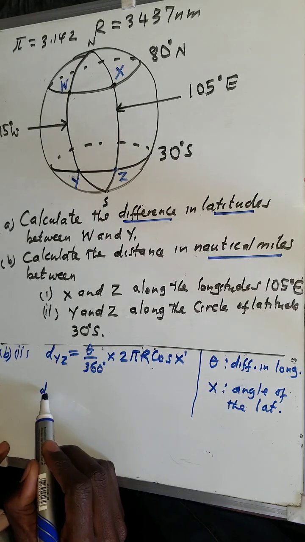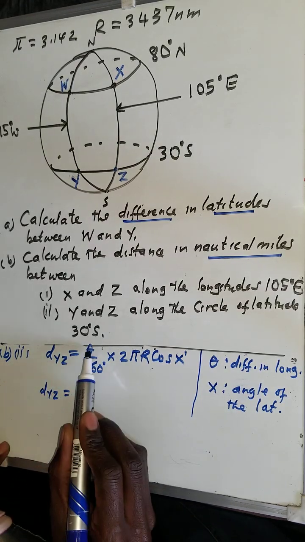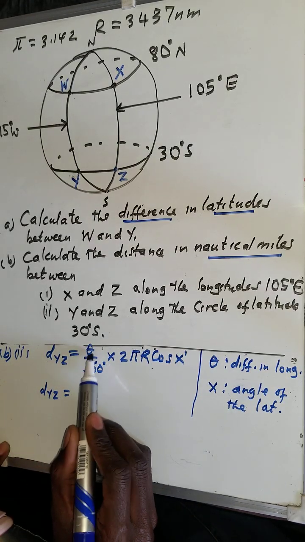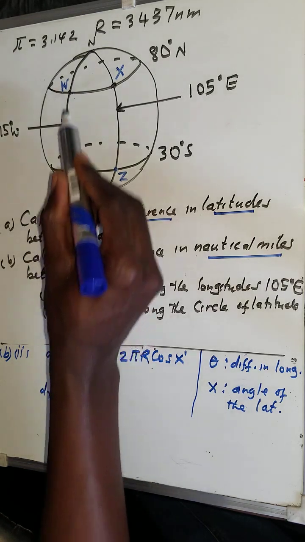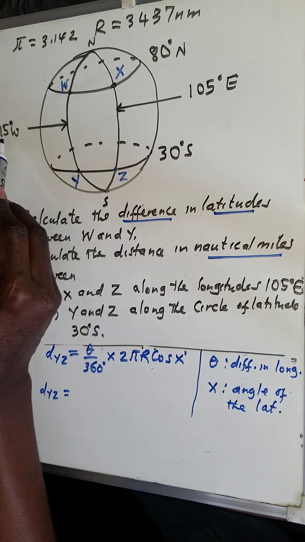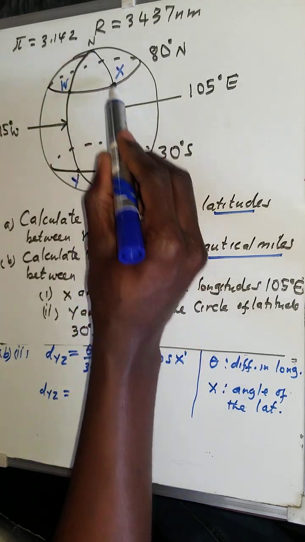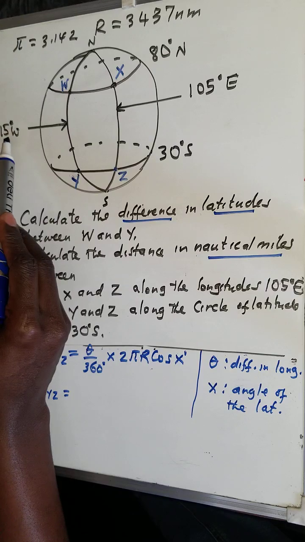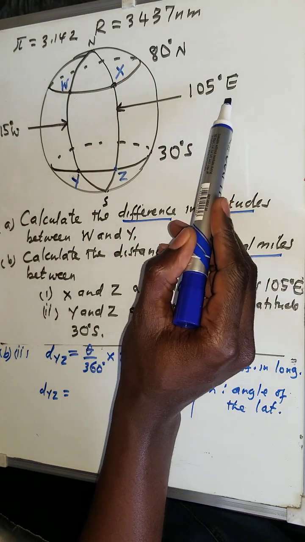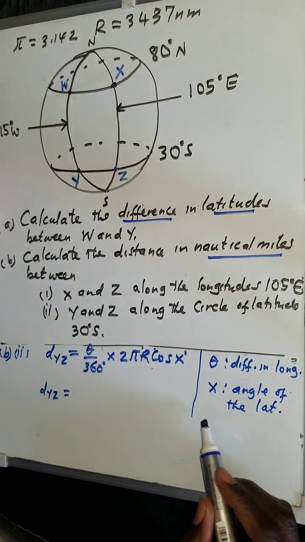So if you look at the distance yz, it will be equal to what is the difference in longitude. So if you remember, y is on the longitude 15 degrees west and z is on the longitude 105 east. Remember what we said, because this is on the west and that is on the east of the Greenwich meridian, what do you do? You add.